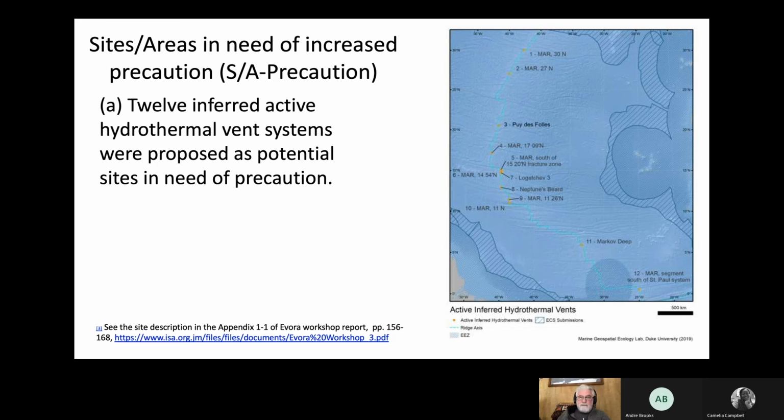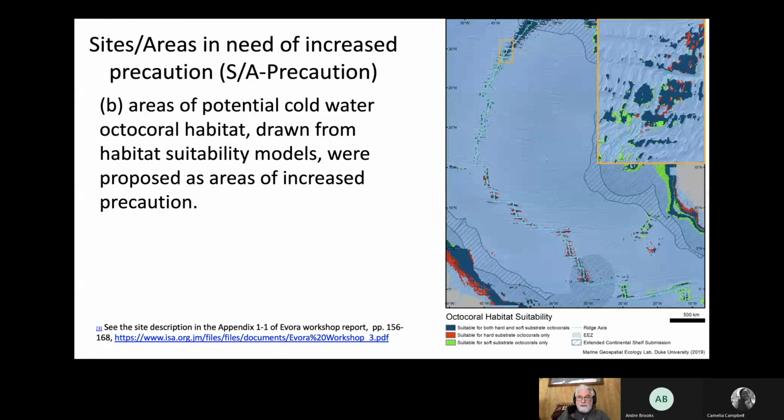One example of this were 12 inferred active hydrothermal vent areas that were inferred but not defined and not observed. These areas were mapped as areas of potential precaution for future application. Also areas that were believed to be suitable for cold water octocorals were mapped as areas of potential precaution.